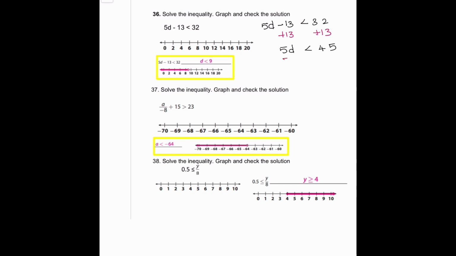Divide by 5 on both sides, you get d less than 9. So d is less than 9. Should I include the value of 9? No. 9 should be somewhere between 8 and 10. So the answer will be anything less than 9, and don't include 9.